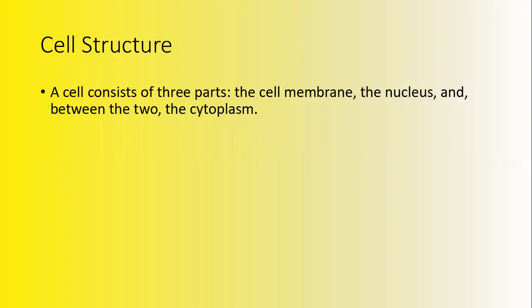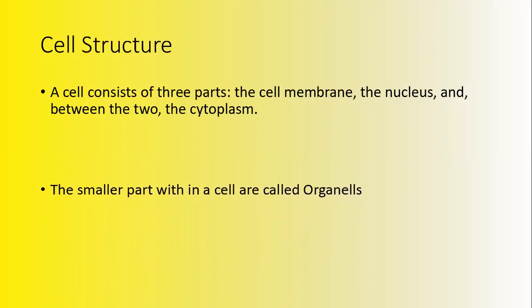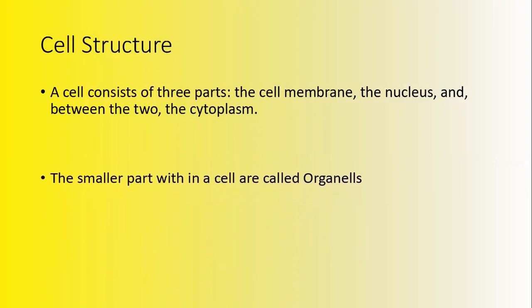Though plant and animal cells are different from each other, there are some parts which are common to both of them. The smaller parts within a cell are called organelles.